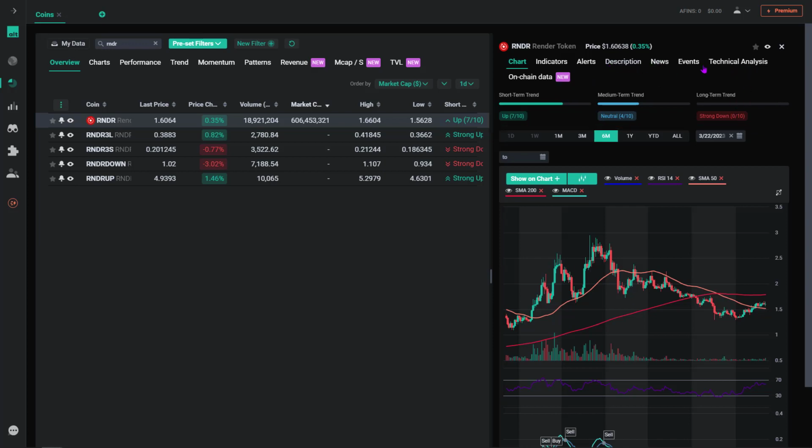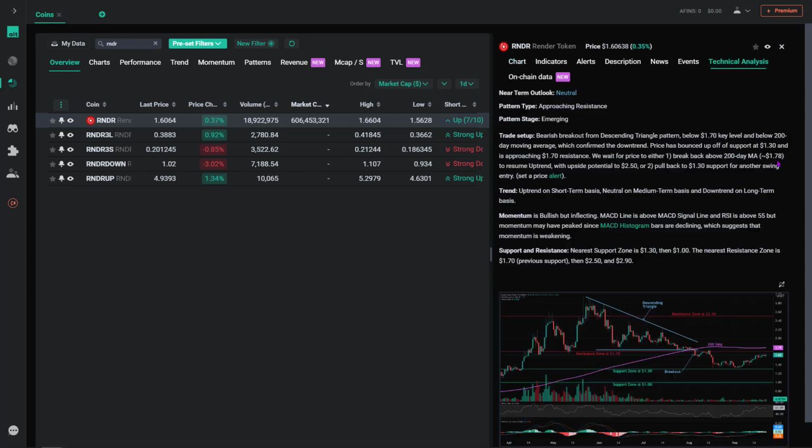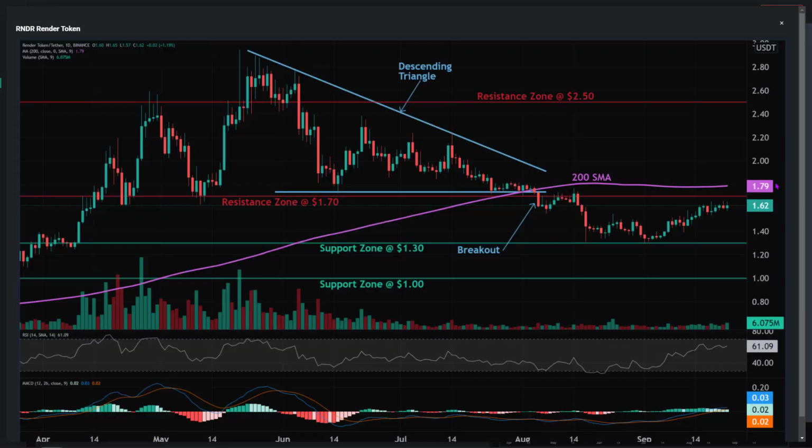So it's a really mixed picture, but it could be the beginning of a trend reversal, which is why we see that the short term trend is already up and medium is neutral. So this could be an interesting situation, but what needs to happen to confirm that uptrend? To me, the price needs to cross above the 200-day moving average especially.